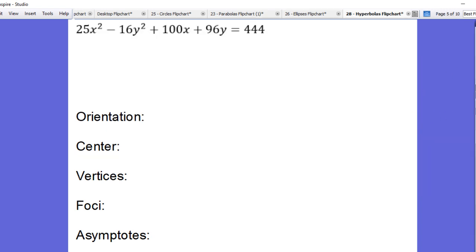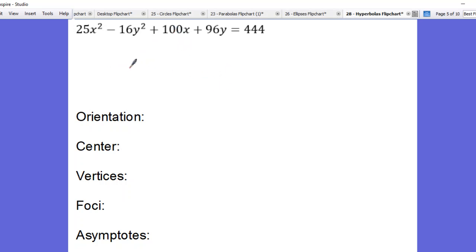Okay, this is a trickier one where what we have to do is simplify, and we have to simplify by factoring out the coefficients. First we have to combine the x and y terms, get the constant on the other side, factor out the coefficient for the x terms and the coefficient for the y terms, and then complete the square and finish up the problem.